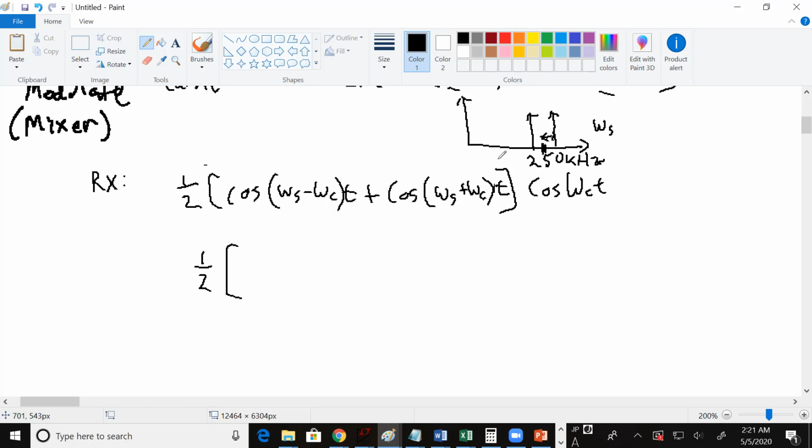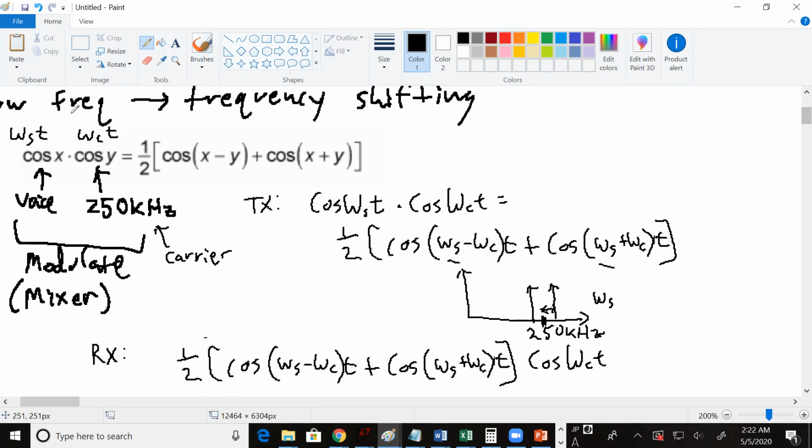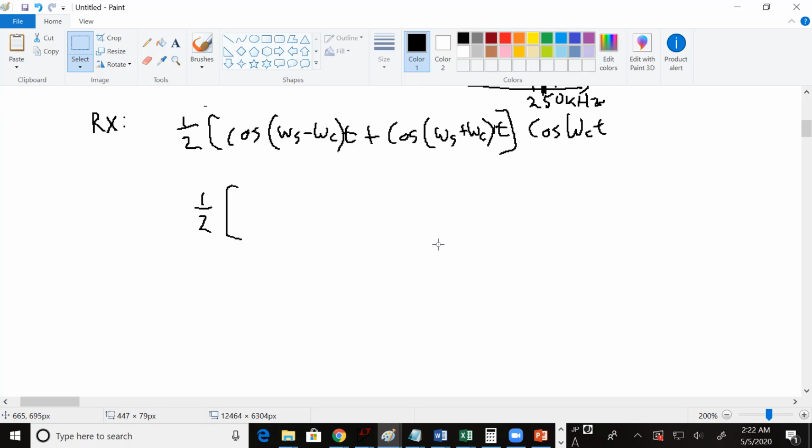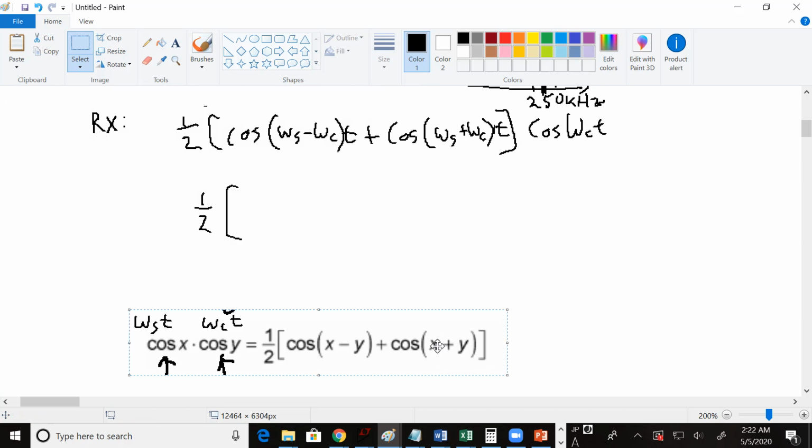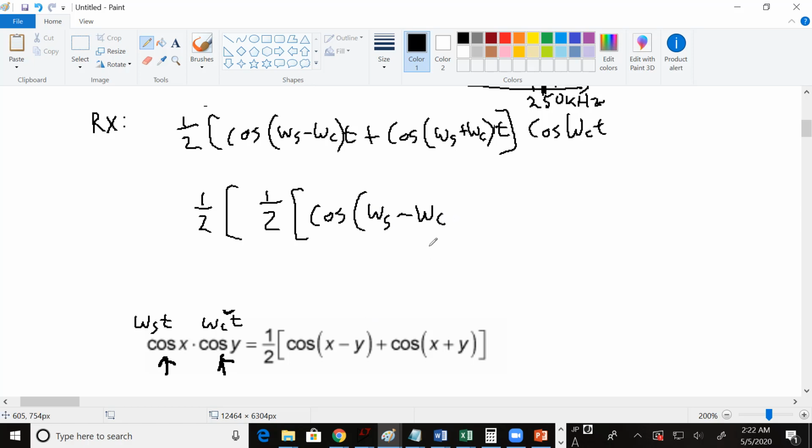And if you remember your trig identity, that's our trig identity. So if we multiply this times this term, you get another 1/2, and you have cosine of this frequency now. Since you're multiplying this times this, you have this frequency, that's your x now, minus whatever you're multiplying by.